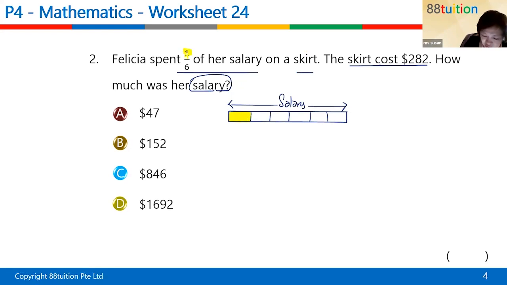And this one is spent on the skirt. So let's write here, skirt. Do you see the skirt there? And the skirt costs you $282. Okay, so let's check Jera. Jera, can you help me to find out how much the salary is? What must you do?